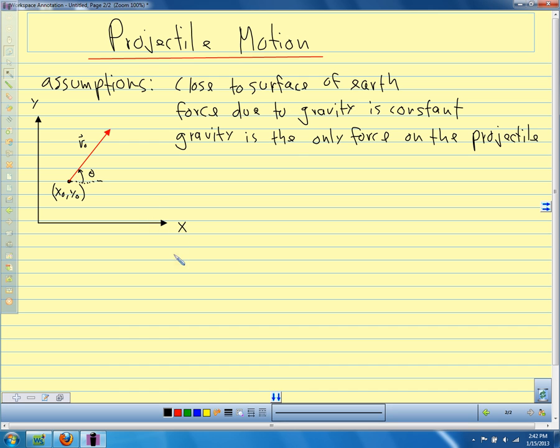So there's our diagram. Given these assumptions, we can say that our acceleration vector, r double prime of t, is minus g j. And g is the acceleration due to gravity.